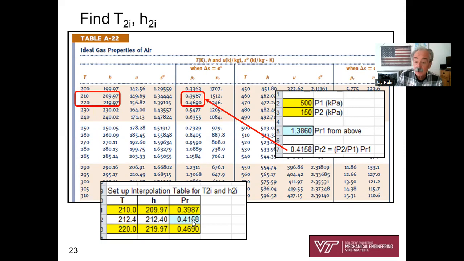We'll set up an interpolation table and quickly determine that T2 isentropic is 212 degrees K and h2 isentropic is 212.4 kilojoules per kilogram. Just to repeat, using Pr2 over Pr1 equals P2 over P1 is only for isentropic processes, delta s equals 0.